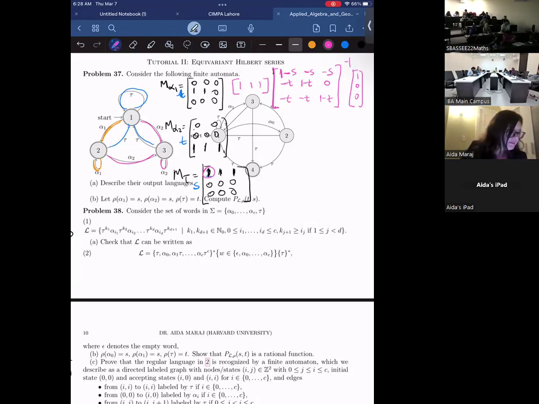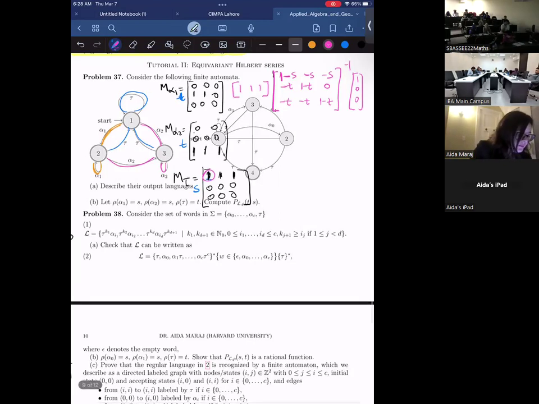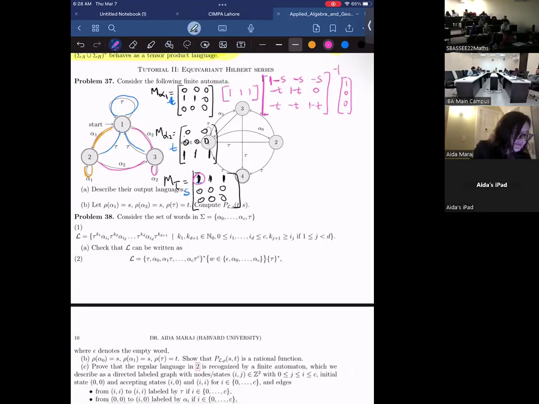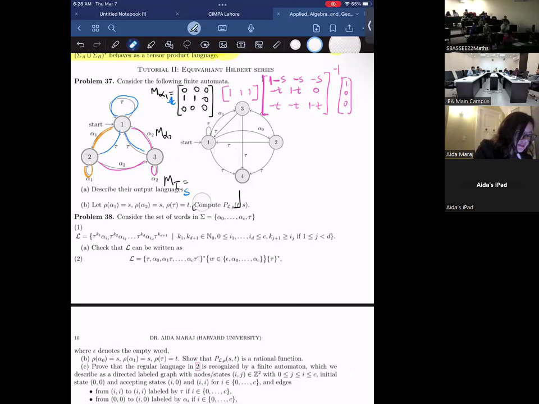Yes. So the rule was, for each letter, I'm going to clean this up. I'm going to work with this other one here. So in this case we have 4 vertices and we have these letters alpha 0, alpha 1 and tau. For each letter we have an incidence matrix.